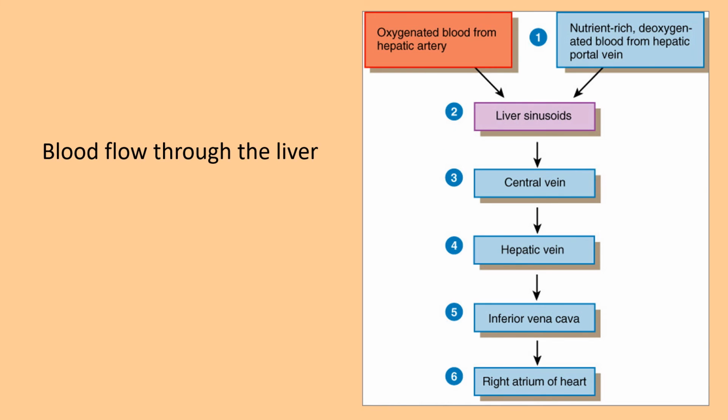So we have a unique circumstance for blood flow through the liver. It's the only place in our body where oxygen-rich and oxygen-poor blood are combined. And so the graphic artist here cleverly combined red and blue into purple. And you'll recall that red is often used to designate oxygen-rich blood, and we have oxygen-rich blood arriving at the liver through the hepatic artery.